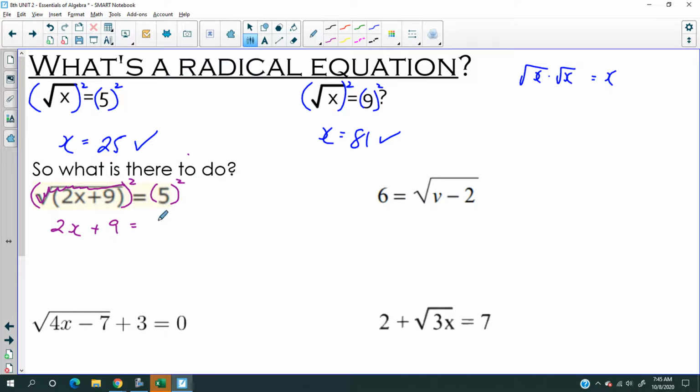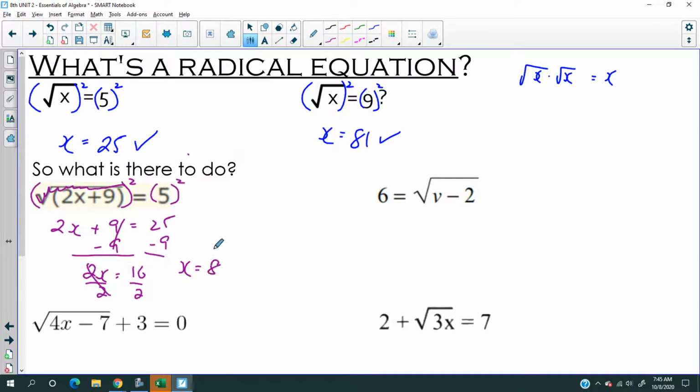Now, what's 5 times 5? Right, 25. So, oh look, we have a two-step equation to solve here. So that's 2x. Now, is that 16? Yeah, that's 16. Divide both sides by 2. Cancels out. X is, what is that?